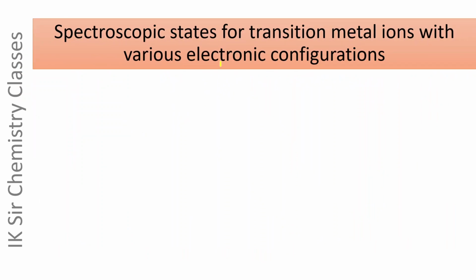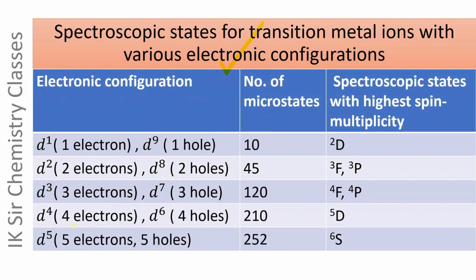Spectroscopic states for transition metal ions with various electronic configurations are given in the following table. D1, it contains one electron. D9, it contains one hole.